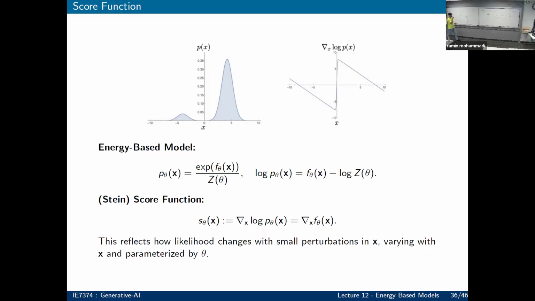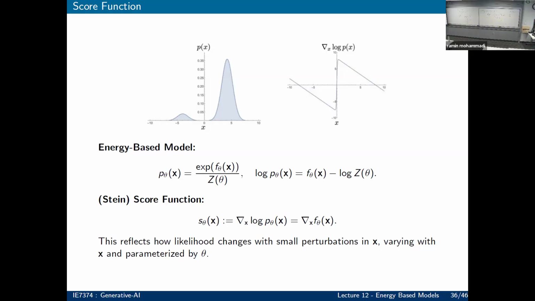Okay, so what we are basically saying here, and we are trying to solve this problem, is that this was the exponential of the function, the model that we have, normalized by z. We also say that if you apply log to this, it becomes this term, which makes sense. If you apply log to this one, it becomes the one on the right. And now we're going to talk about something called a Stein score function.